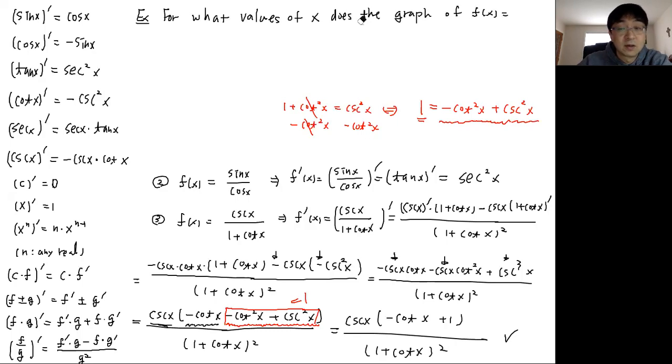I can erase here. Right, this is better. For what values of x does the graph of f of x equals x plus 2 sine of x, with domain x between 0 and 2 pi, have a horizontal tangent?